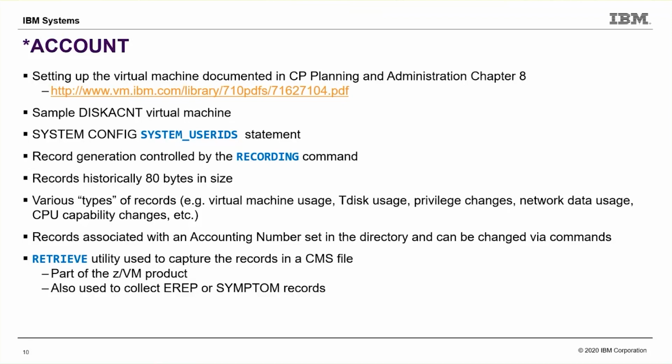Now, some of those records evolved over time. One of the things that I'll just mention briefly is the idea that they record processor time. Now, some of you know, we support environments where you may have both general purpose processors and IFLs in the same LPAR. And in some of the servers that we sell, those processors may run at different speeds. IFLs always run at full speed.